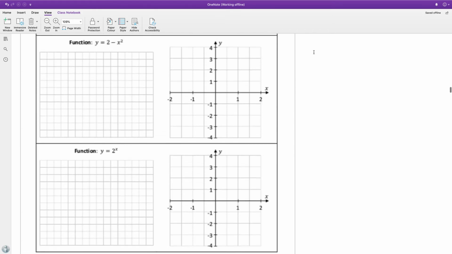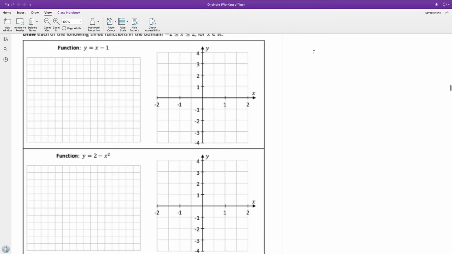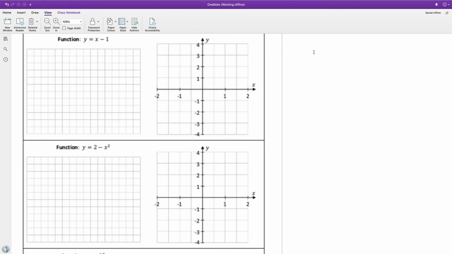Yep, third one as well, the three of them. Just draw the little graphs then, not your points now.